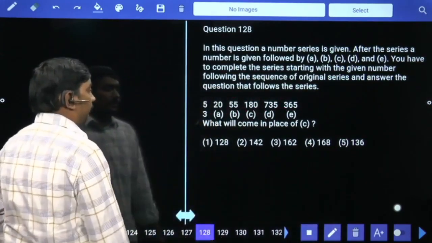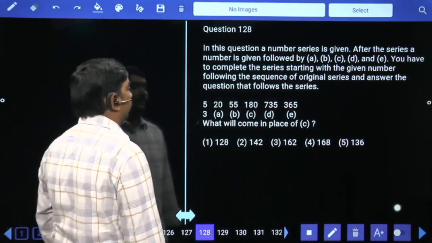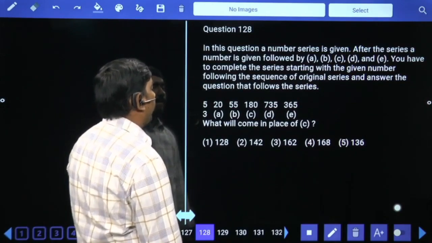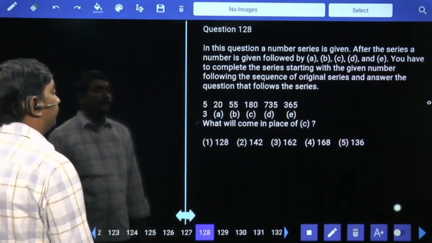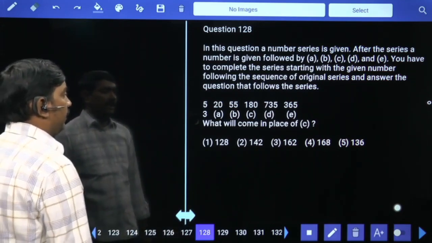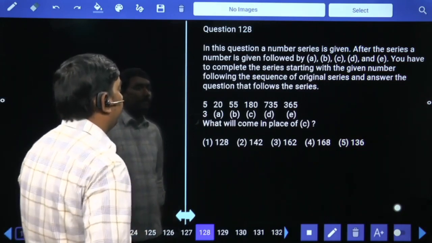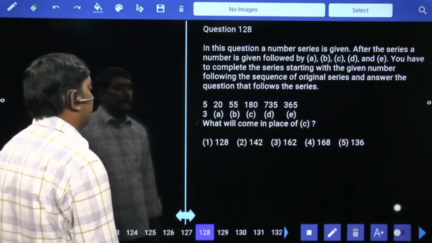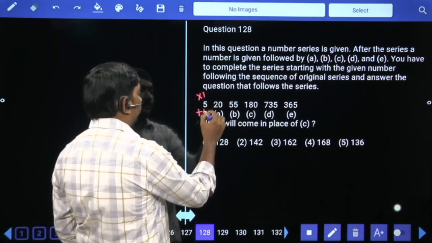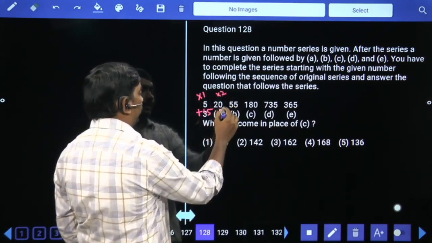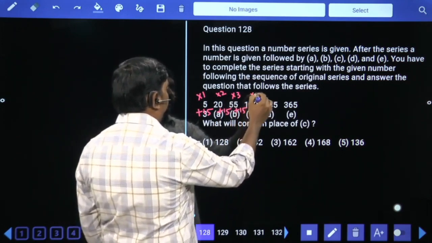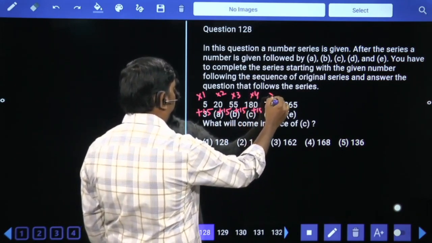Next. 5, 20, 55, 180, 735, 365. Into 1 plus 15, into 2 plus 15, into 3 plus 15, into 4 plus 15, into 5 plus 15.